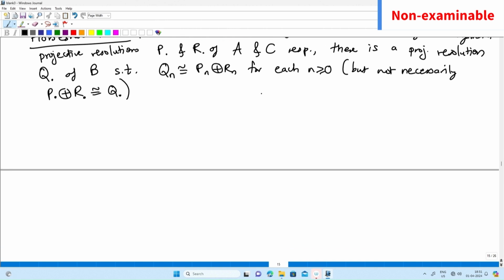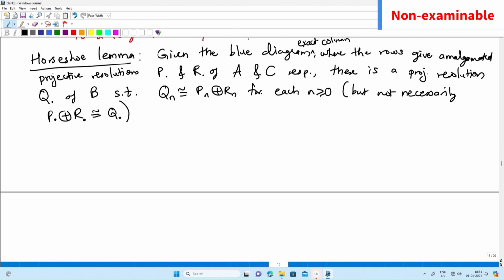Okay, let me draw the diagram. Perhaps without that you can't understand what's happening. So we have this 0, A, B, C, 0. Then we do the same thing that we have done so far. So P0 maps onto this. Then we have K0, which is the kernel. Then we have P1.